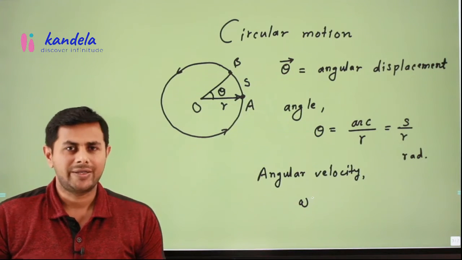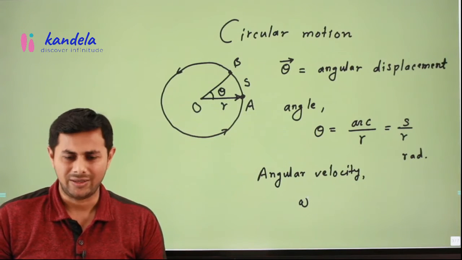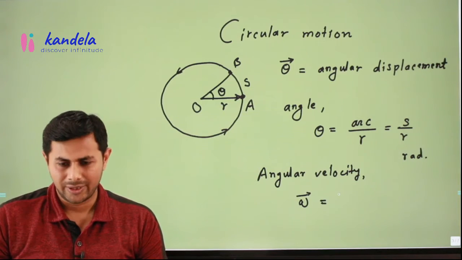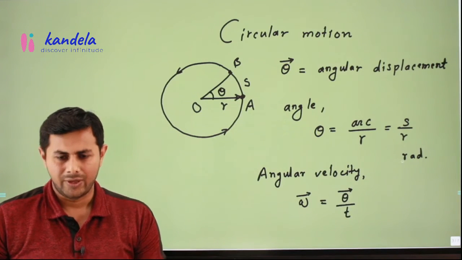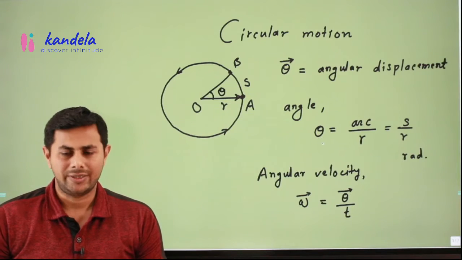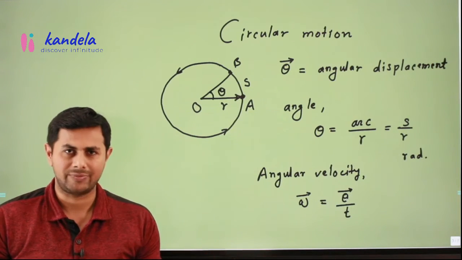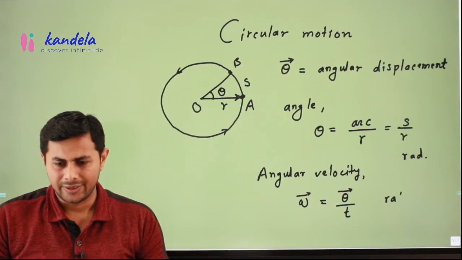We'll denote it by this letter. It looks like W, but it's a Greek letter called omega. So angular velocity, omega bar, is the ratio of angular displacement with time. What is the unit of angular displacement? It's radian. So the unit of angular velocity will be the unit of angular displacement divided by the unit of time. So it's radian per second.